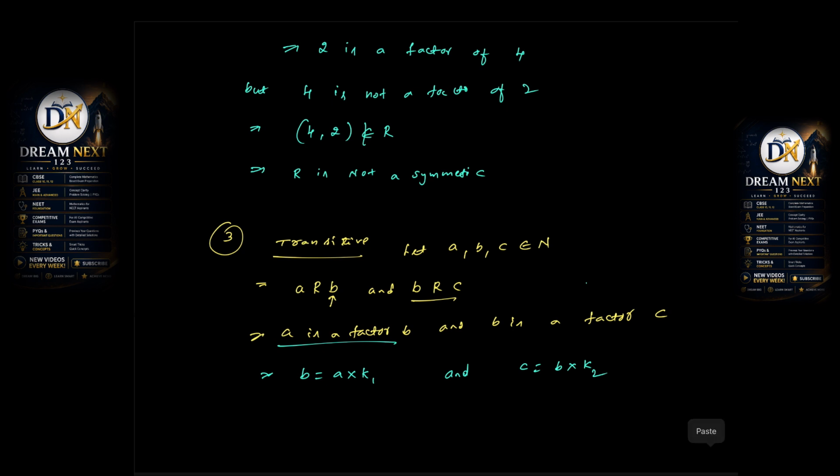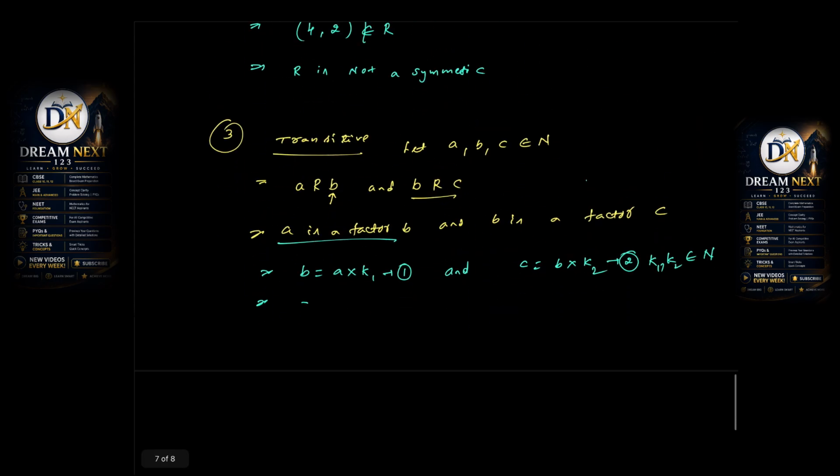Can I write like this? K1 and K2 both are natural numbers. I will take B equal to A K1 as equation 1 and C equal to B K2 as equation 2. Substitute 1 in 2. What happens if I substitute 1 in 2?